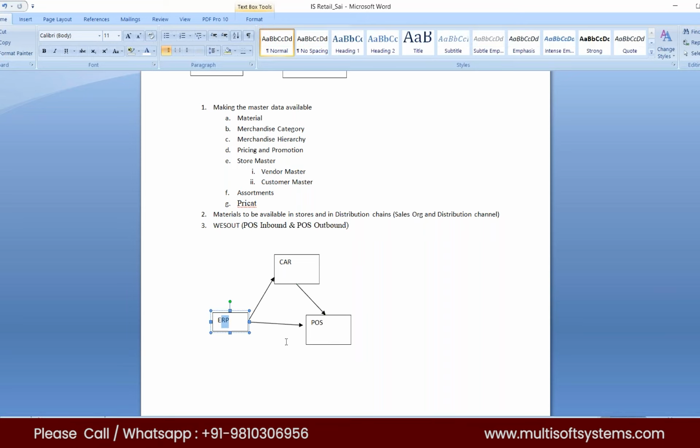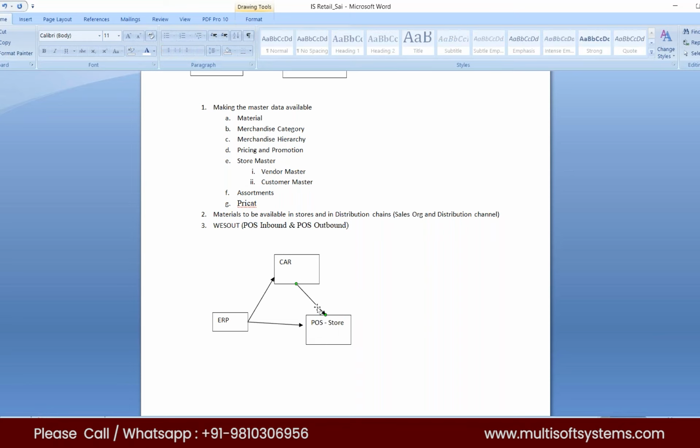From ERP, we will be sending the material relevant information, pricing and promotion information, stock information, and store information to the POS system, because that's what is going to be sold in a specific store, right? This POS system is set in a specific store. It is not available in all places. If you walk into a store, you will have 4 or 5 POS points.